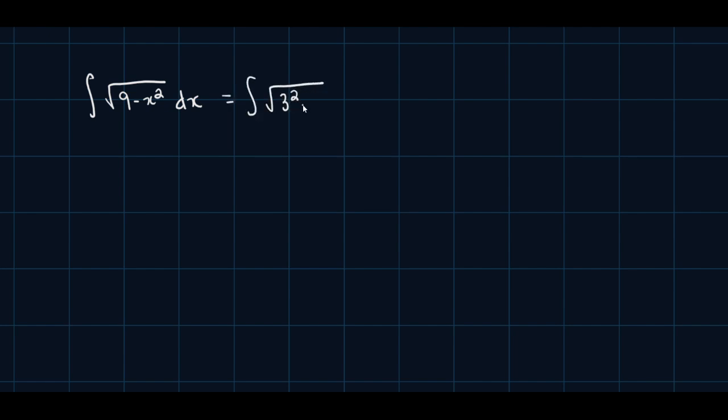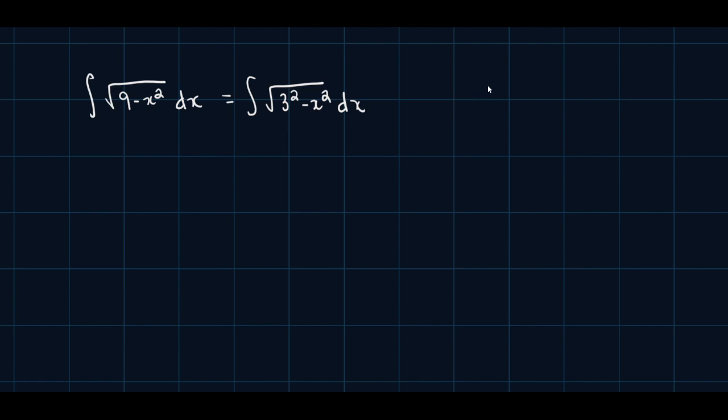Okay, suppose we want to get the antiderivative of the integral of square root of 9 minus x squared dx. Okay, I will just rewrite this as the square root of 3 squared minus x squared dx to make it little more obvious kung bakit ito yung gagamitin nating technique.